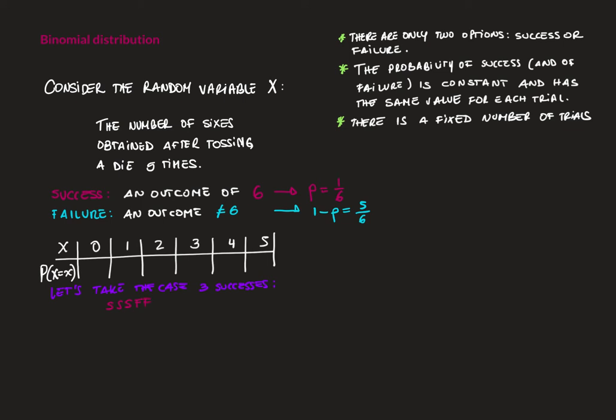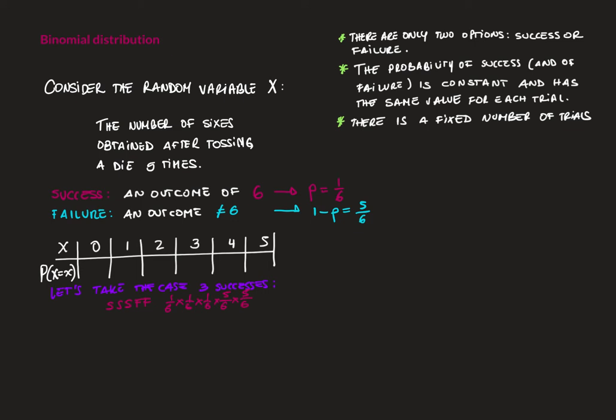This probability is going to be calculated by the product of 1/6 times 1/6 times 1/6 for the successes, and times 5/6 times 5/6 for the 2 failures. This is, however, not the only combination in which we can have 3 successes. I have 5 trials, out of which I want 3 of those to be successes. This is calculated through the combination of 5 and 3.